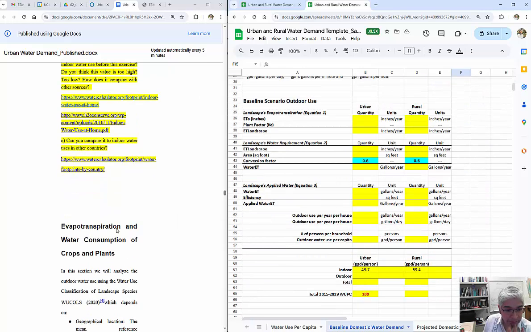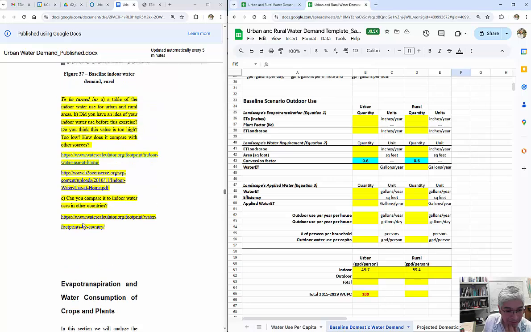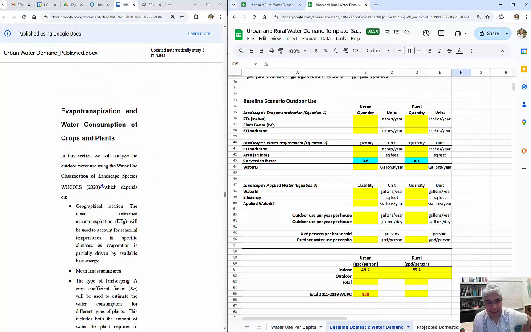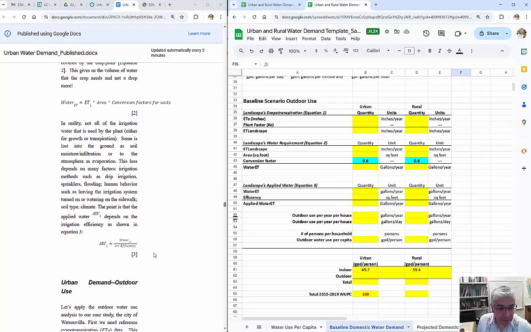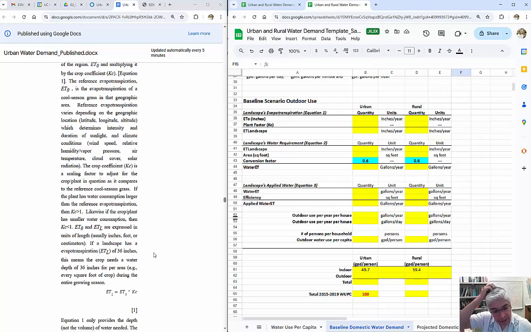Now here I will ask you some things. Then we will estimate the outdoor use, which is basically the landscape. I explained here how it is calculated, but basically you multiply ETo, the reference evapotranspiration, times the crop coefficient for each of these different landscapes. That will give you the evapotranspiration of the landscape for 1 square foot. And then you will have to calculate it for all the area of the backyard and front yard.